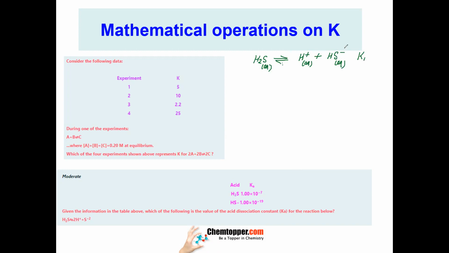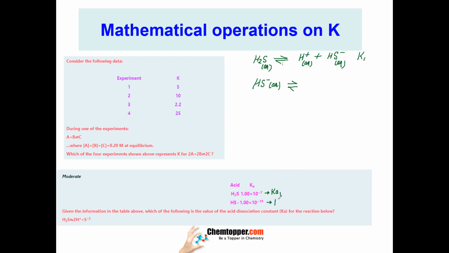Now you take this HS minus and remove another hydrogen. You can see that they have given you two values. This we can take as Ka1, the removal of the first hydrogen.